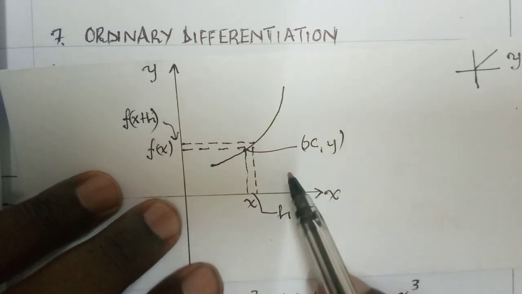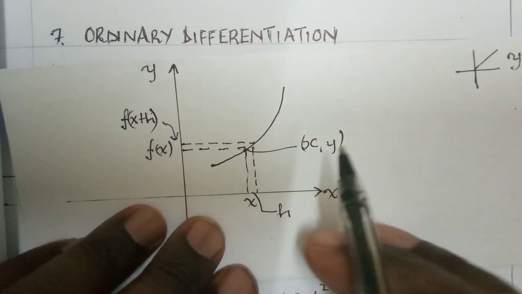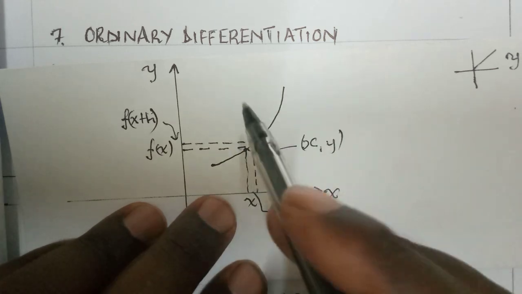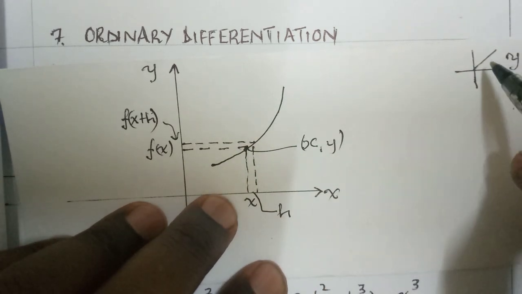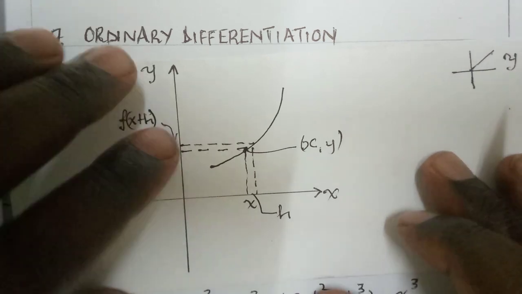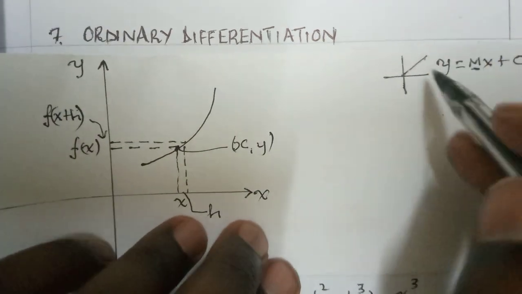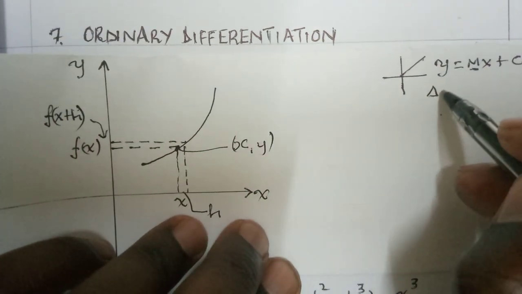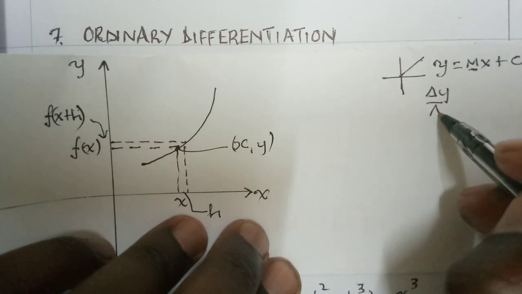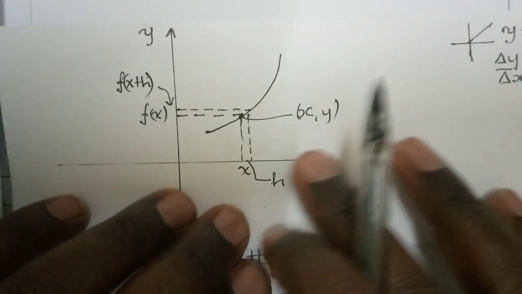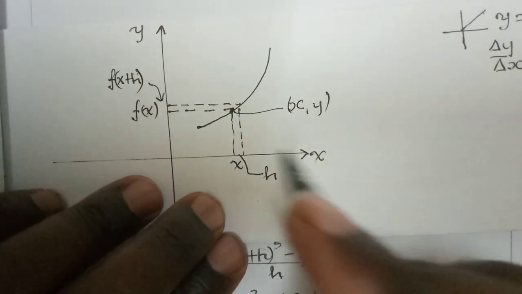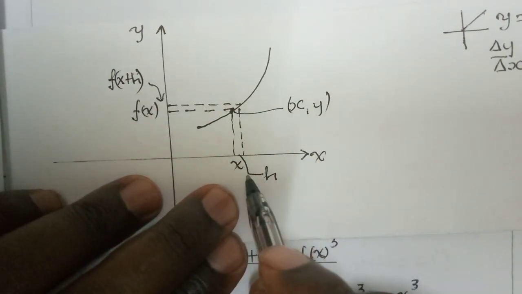If we want to find the derivative of the line at that very point, we know that according to the straight line graph, the derivative is the change in y over the change in x. So we utilize the same principle here.